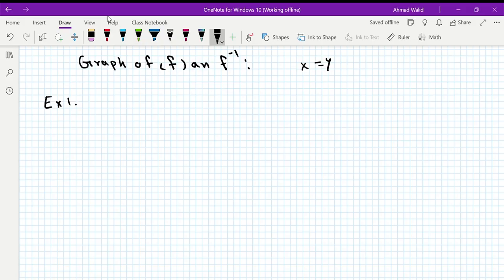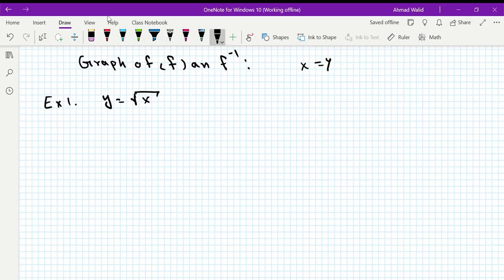For example, which one? Let's pick an example from your book. Let's do this. y equals square root of x. Very simple one. Correct?